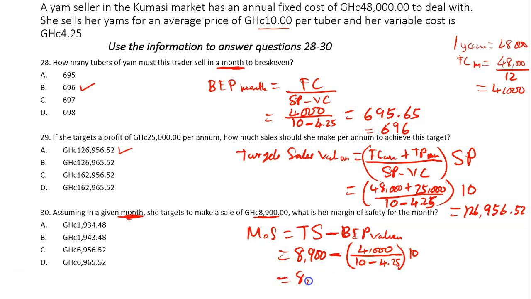So we have 8,900 minus, when you simplify this, you get 6,956.52. So 8,900 minus 6,956.52 will give you 1,943.48. So the correct answer for question 30 is B.